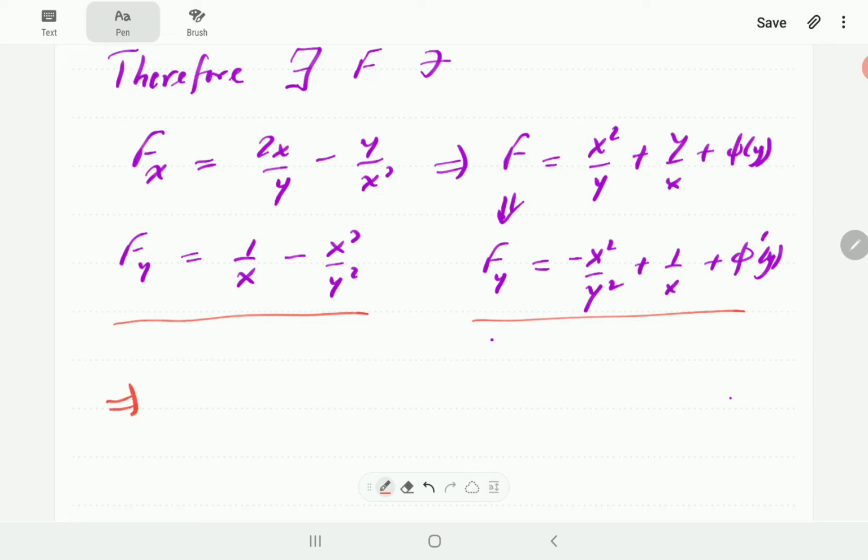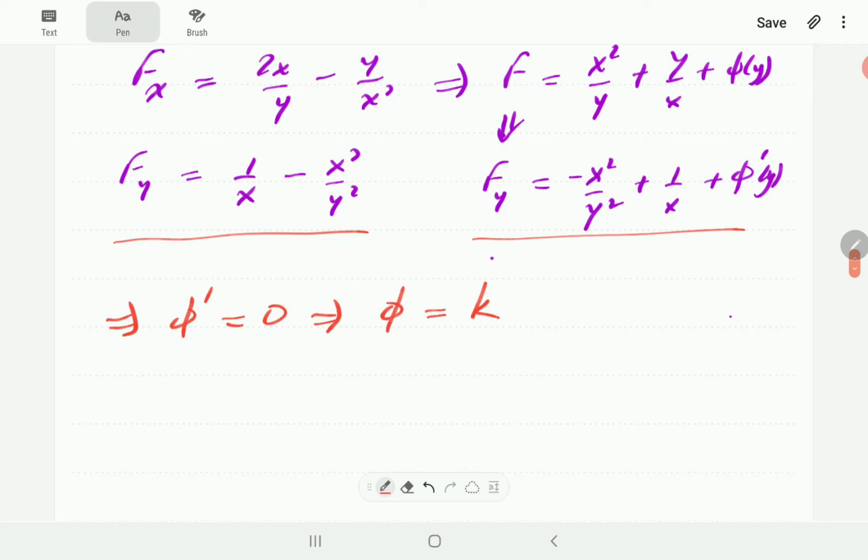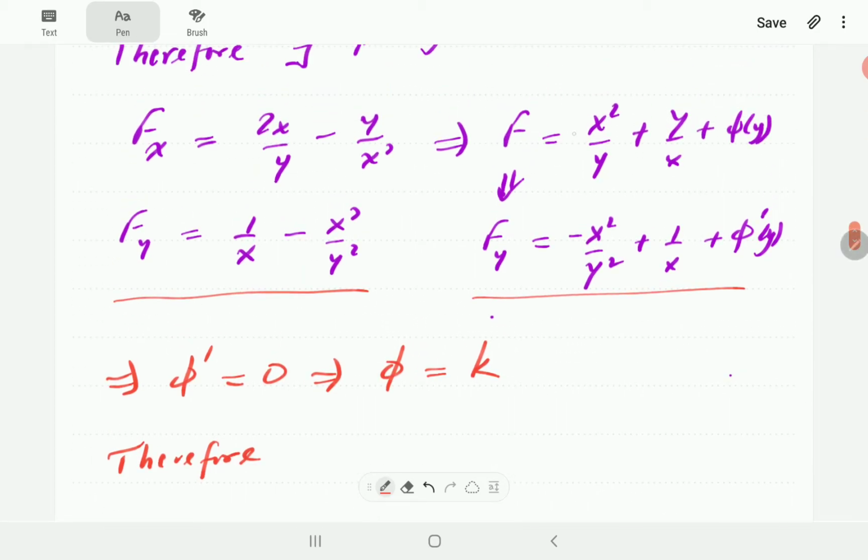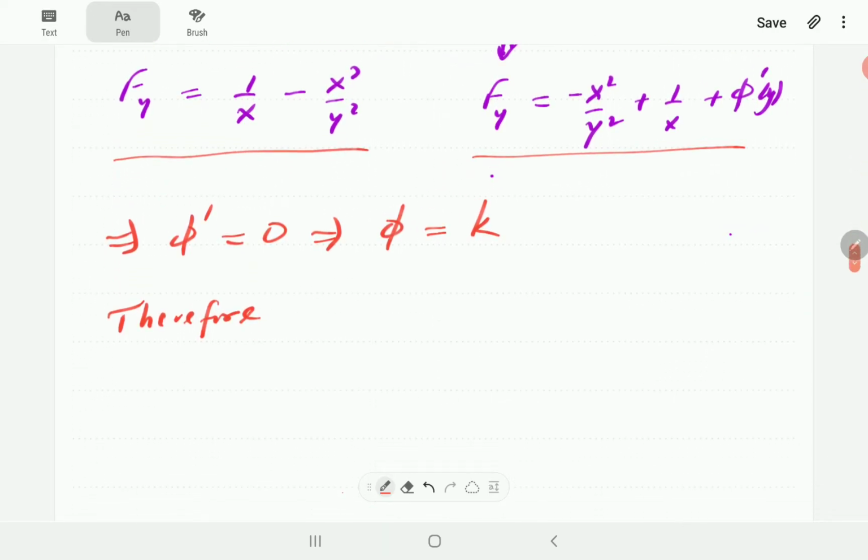So if we compare these two, what it means is that phi prime is equal to 0, and so phi is just a constant. Okay, so therefore the solution is just going to be our f here, and in the place of phi we're going to plug in a constant.